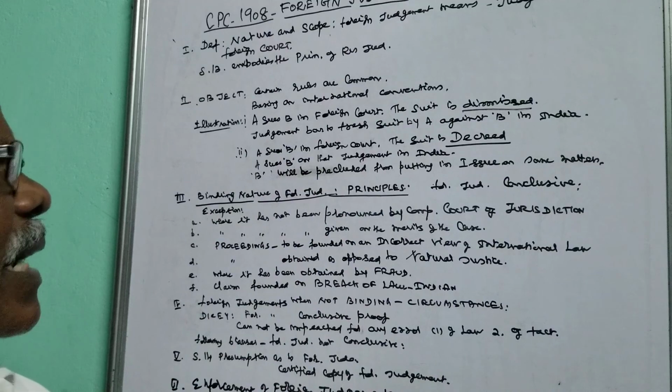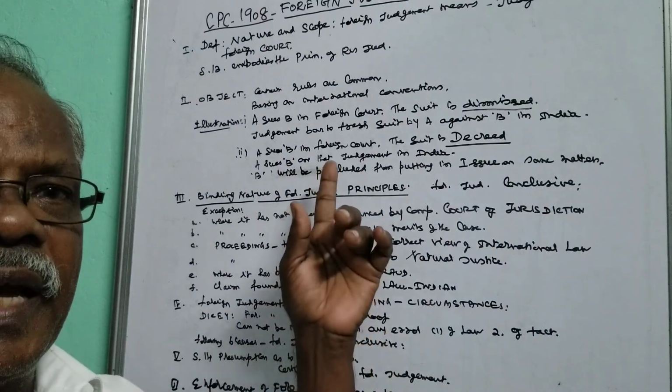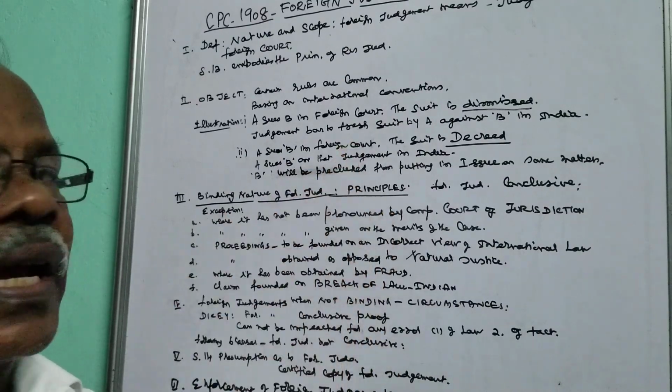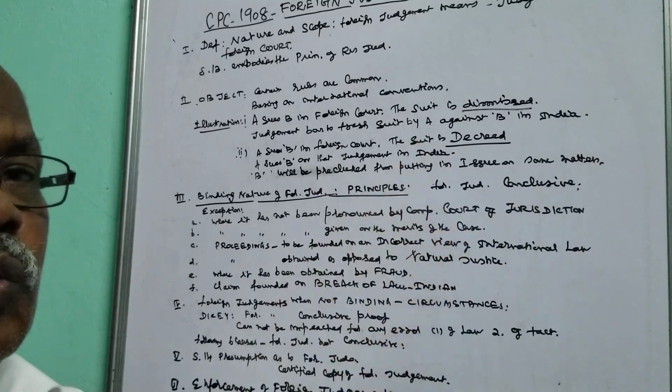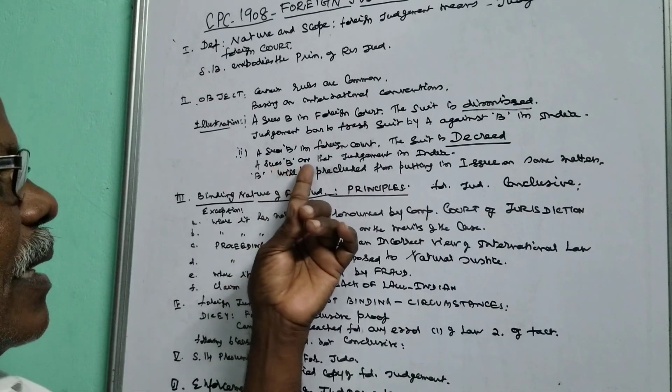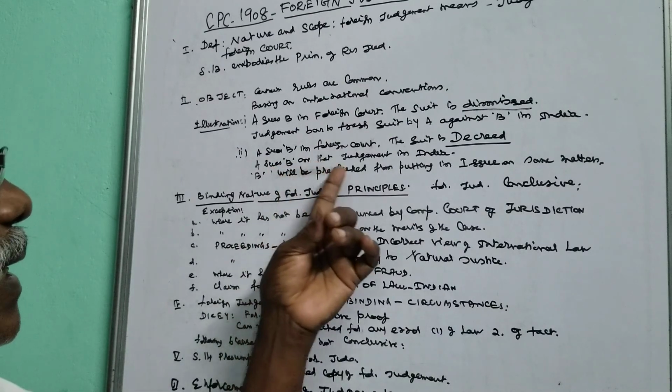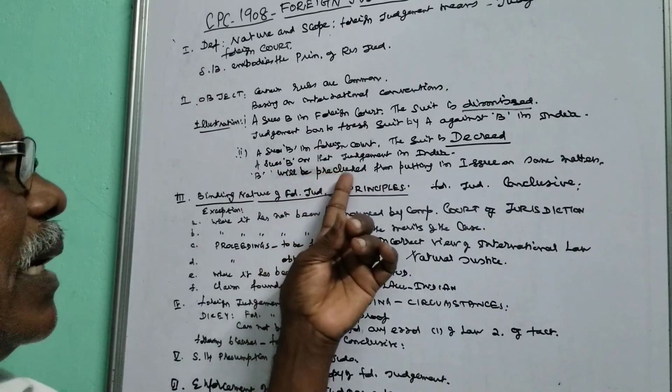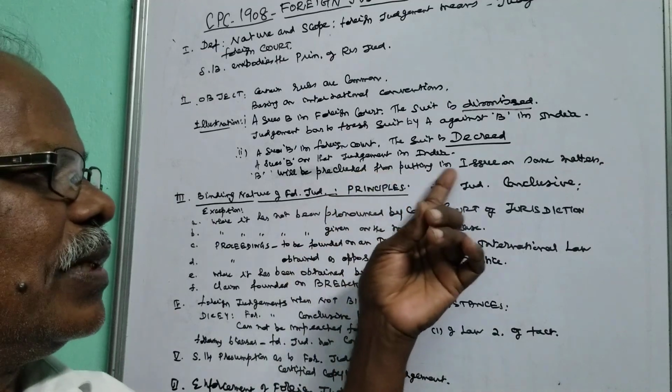Then another illustration: A sues B in a foreign court. The suit is decreed. So A sues B on the judgment in India. B will be precluded from putting in issue the same matter.